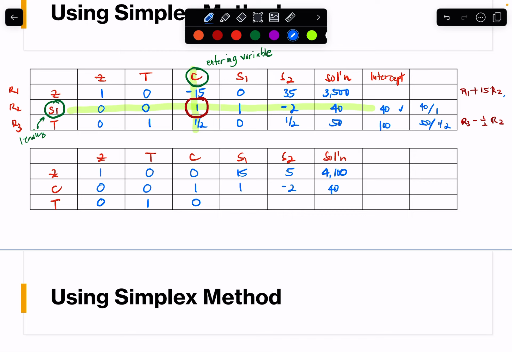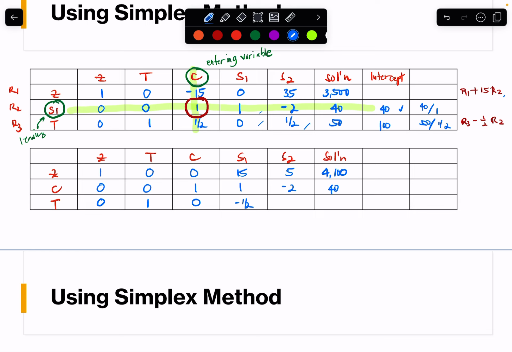So 1 half minus 1 half is 0. Then we have R3, which is 0 minus 1 half times 1, which is negative 1 half.